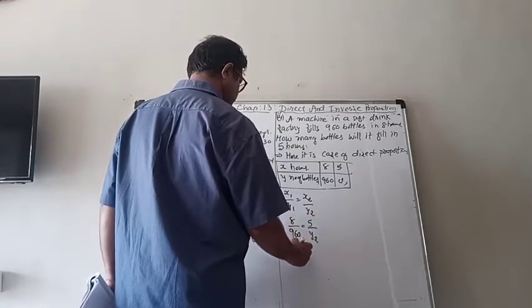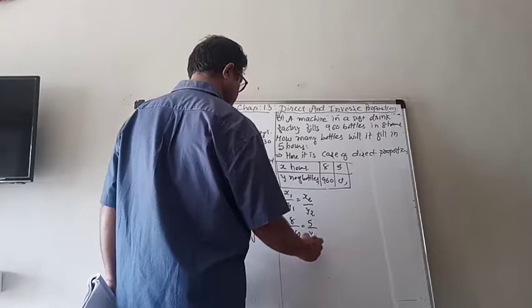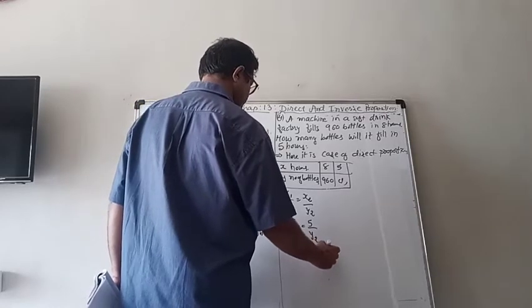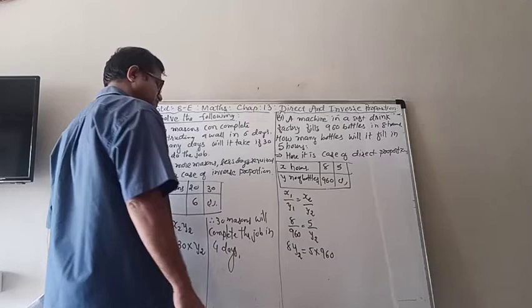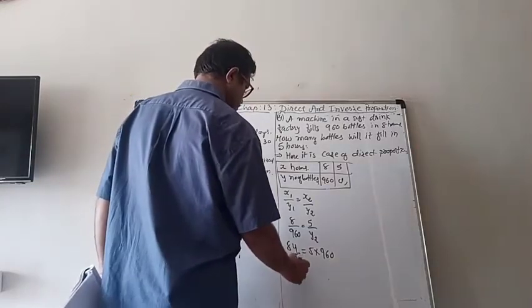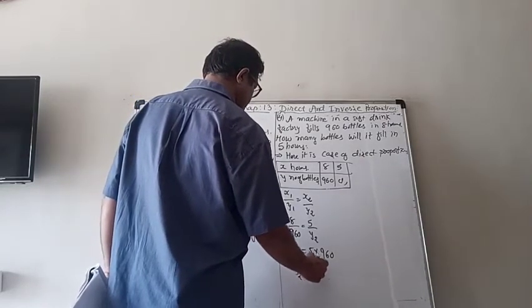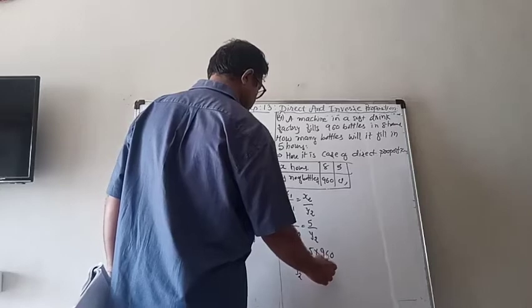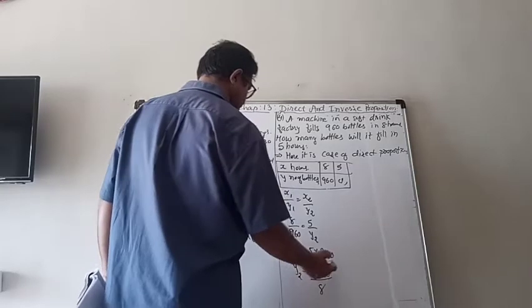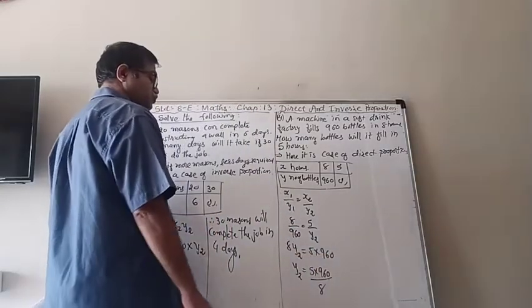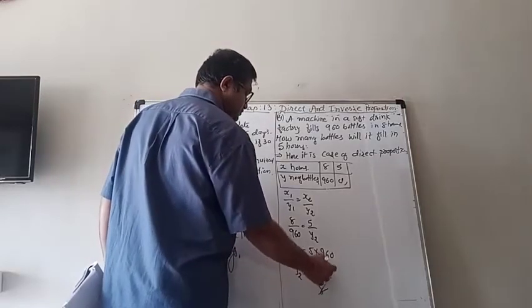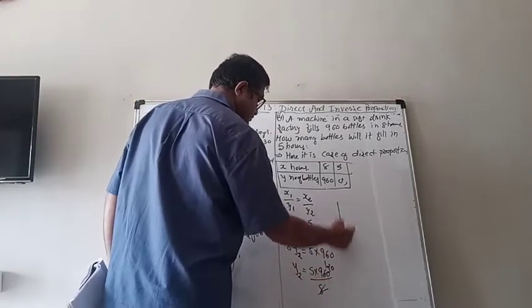By cross multiplication, 8y2 is equal to 5 multiplied by 960. So y2 is equal to 5 into 960 upon 8. 12 8s are 96, so it is 120.